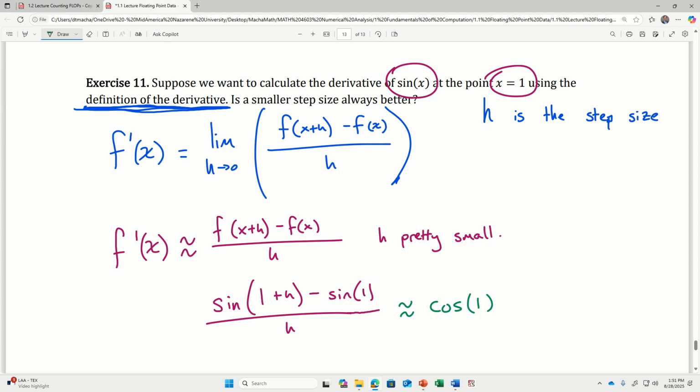So the answer is, in theory, right? If we're just talking about Aristotle's world of ideals, then yeah, the smaller the value of h, the closer you really get to that limit. But if we're using a machine to do this calculation for us, then the answer is no. And I'll show you.